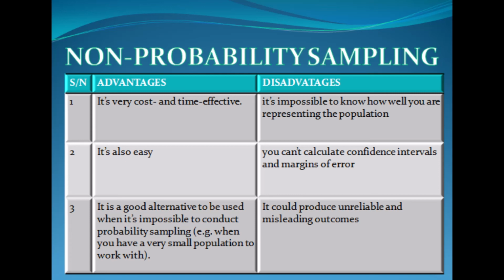So what we are trying to say here is that non-probability sampling is very easy to use, does not require expertise, does not require you to learn so many things. It is basic, it is simple, and easy to use.